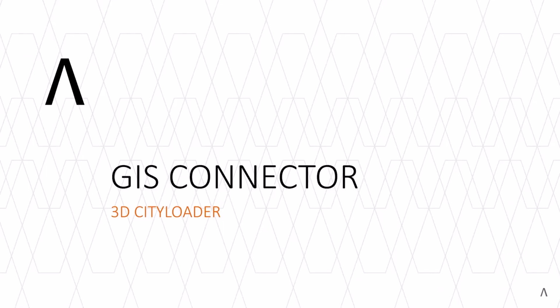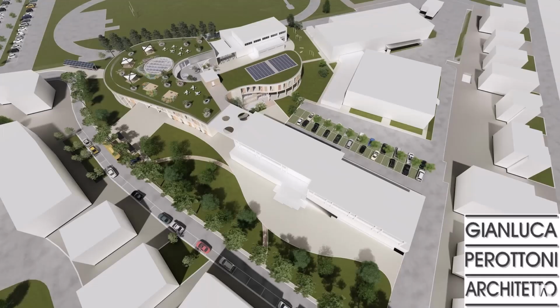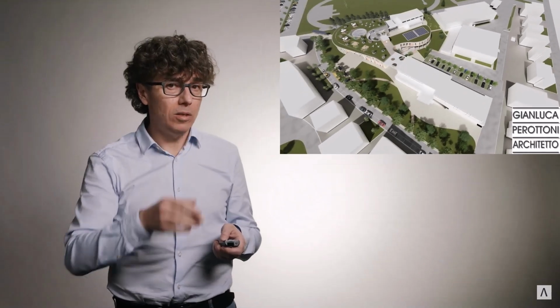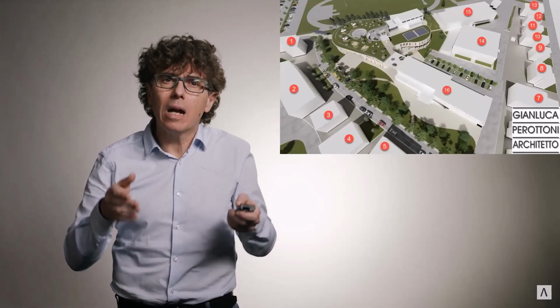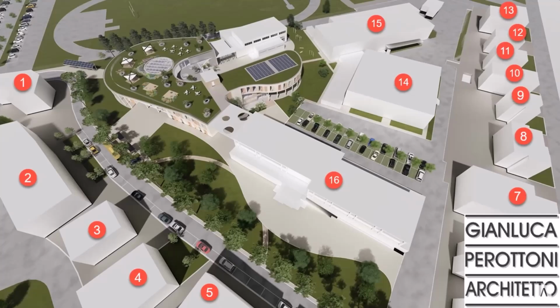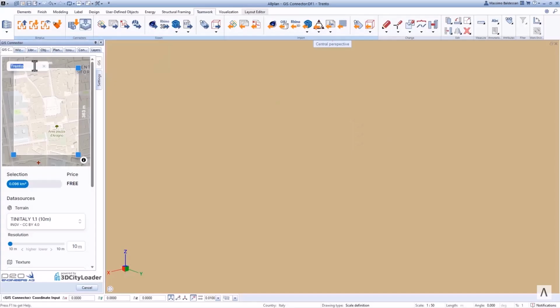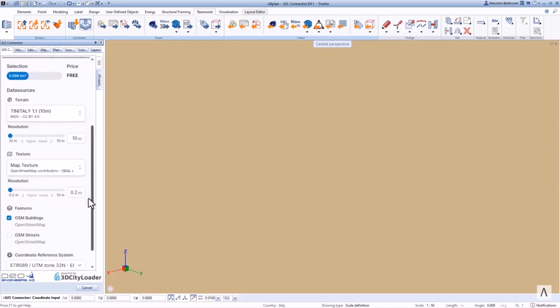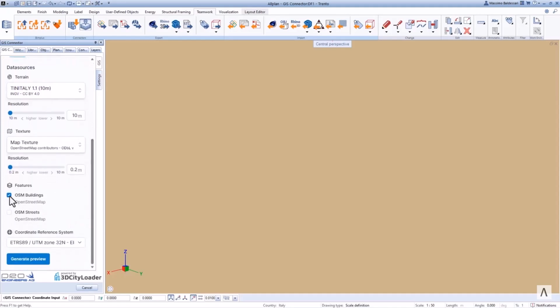GIS data can enhance architectural and urban planning projects by providing a comprehensive understanding of the project environment. The GIS connector feature allows the direct import of GIS data by using this workflow. First, you select a specific area of interest.